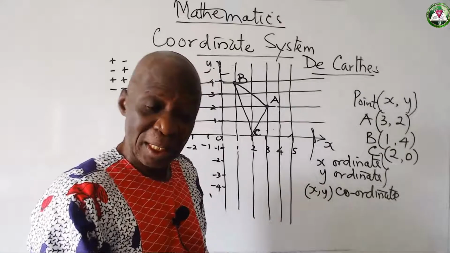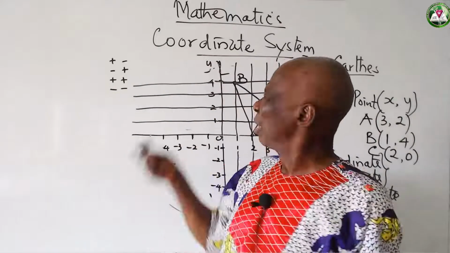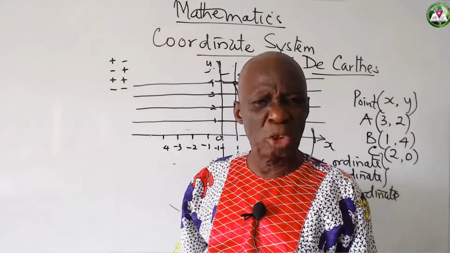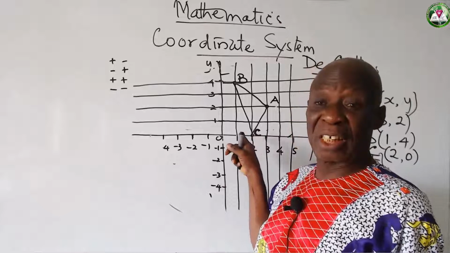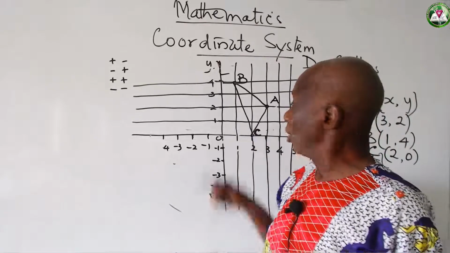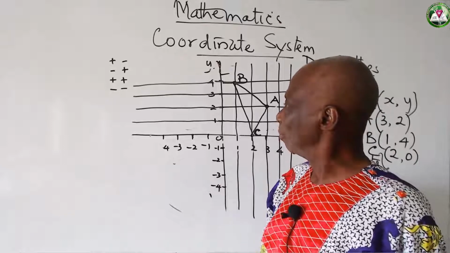A triangle. That is why when we were trying to say quadrants, you said, how does this concern geometry again? You can see it now. A shape has come out of what we have done. And this shape here is a triangle, and you meet triangles in your geometry.